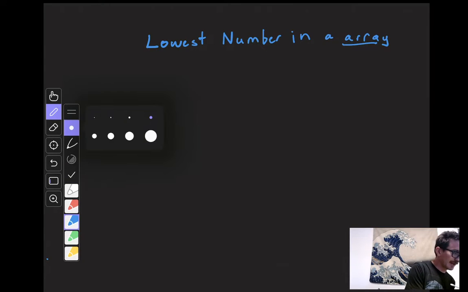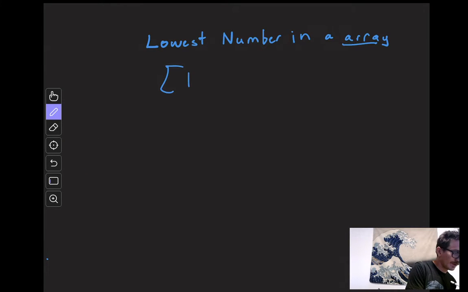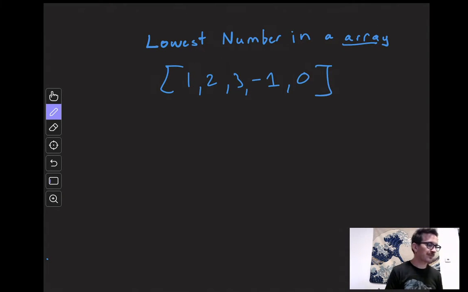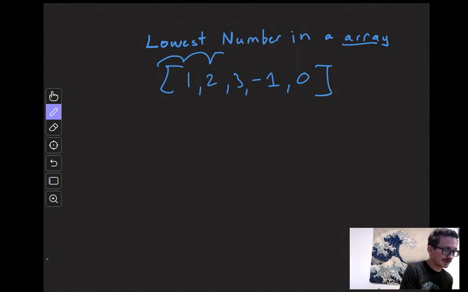So let's once again say we have this array 1, 2, 3, and then -1, and then 0 or something like that. With the reduce method, we're going to go through each thing and keep track. The accumulator is actually going to be the lowest value.